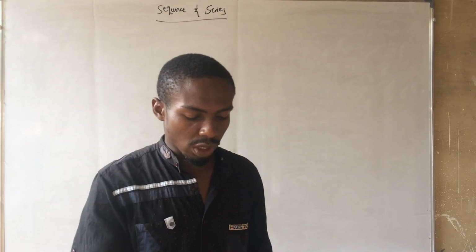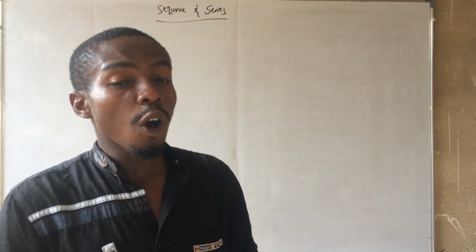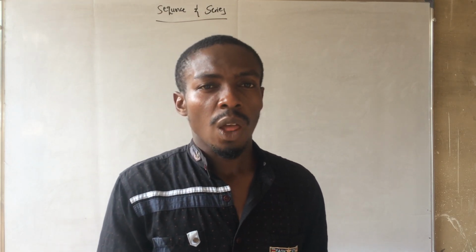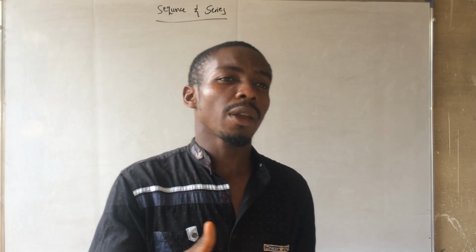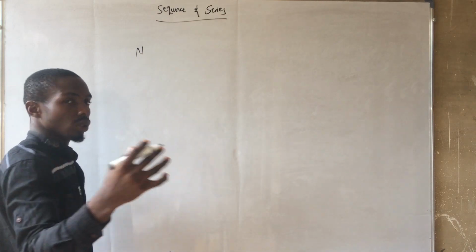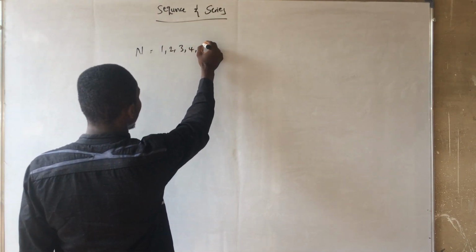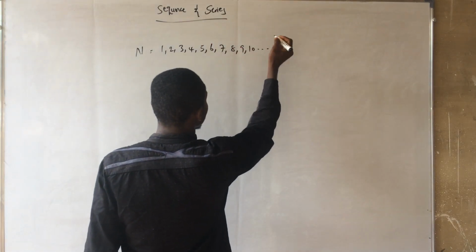That carries me to this question I want to ask you. Does a sequence always follow a particular pattern of forming numbers? Let's take the normal counting numbers, the natural numbers, 1, 2, 3, 4, 5, 6, 7, 8, 9, 10 till infinity.